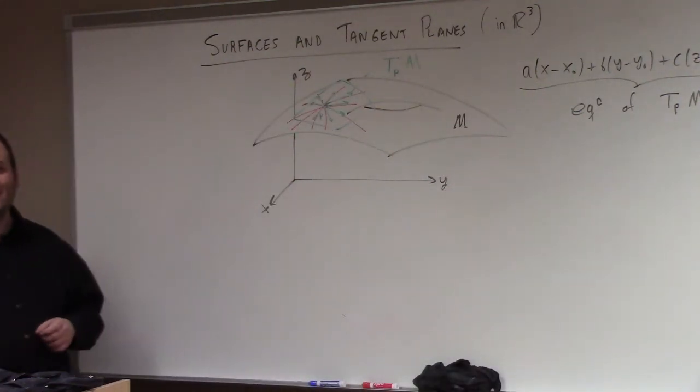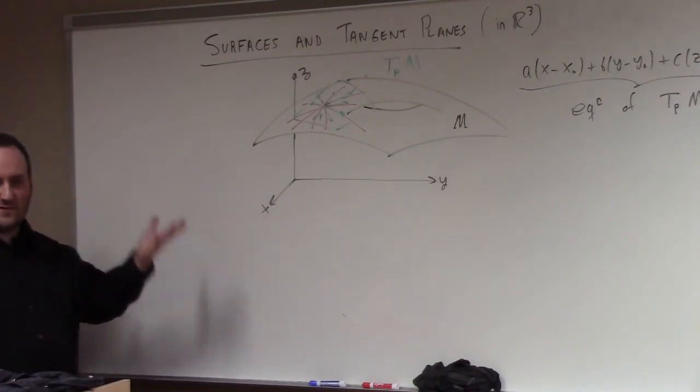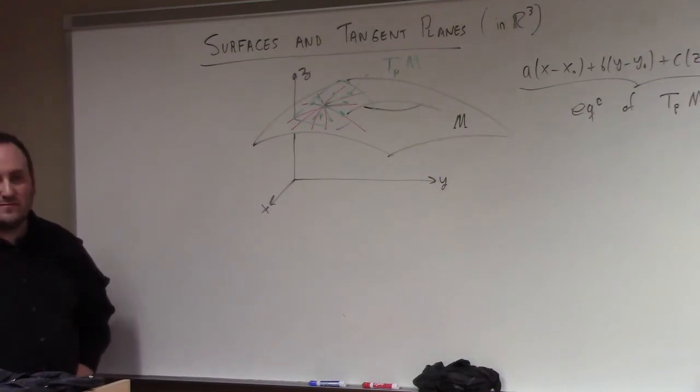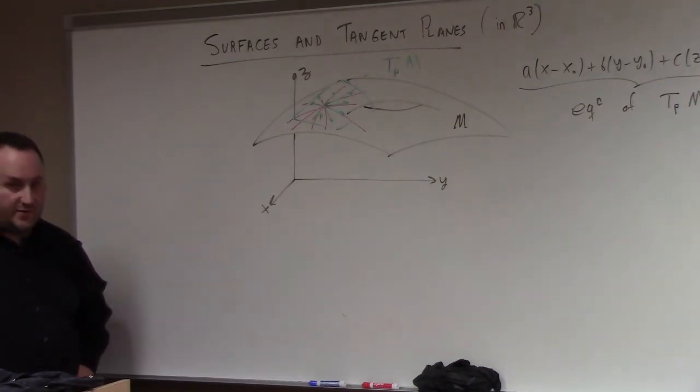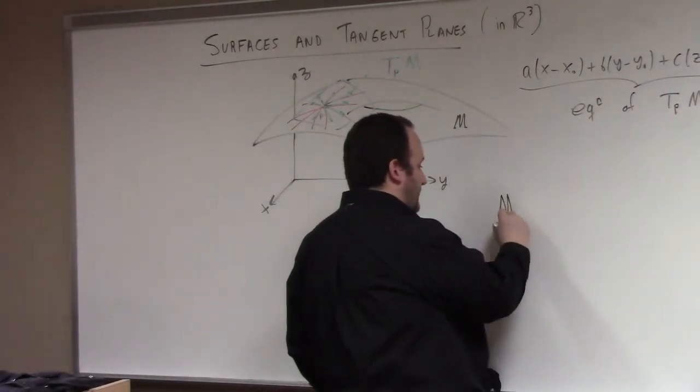So the deeper question here, before I even ask that question really, is how do we describe a surface in 3 dimensions? How do you do that? I've told you before, but there are 2 ways to do it. We can either describe it parametrically with 2 parameters, or we can describe it by an equation. So, for example, let's pick on a specific one.